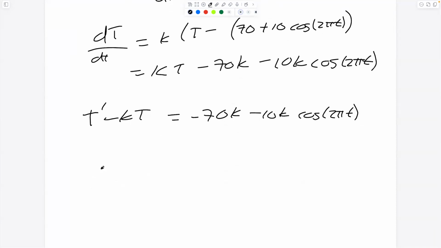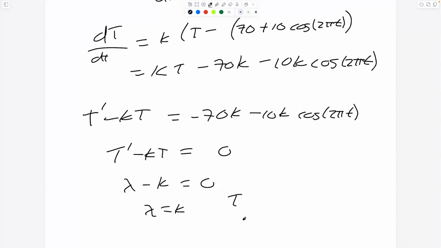Get your characteristic polynomial. It's going to be a linear equation. You're only going to have one constant of integration. Then just do it. Lambda minus k equals 0, you get lambda equals k. So my complementary solution will be C1 e to the kt.